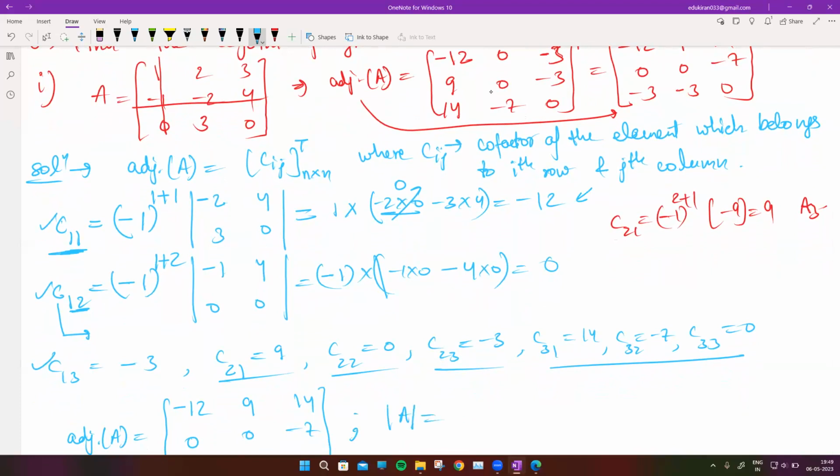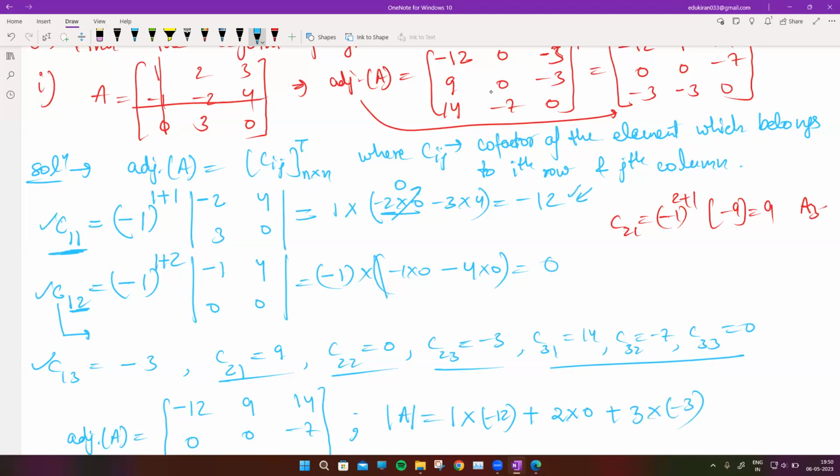Now, for the determinant of A, I know I can expand it along any row or any column. Also, I have all the cofactors, so I can very easily write out the determinant. So 1 into the cofactor of the first element, which would be -12. I'm expanding it along the first row: 1, 2, 3. So 1 into its cofactor -12, plus 2 into its cofactor, which is 0, plus 3 into its cofactor, which is -3.